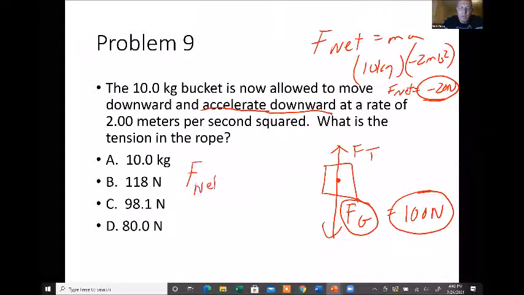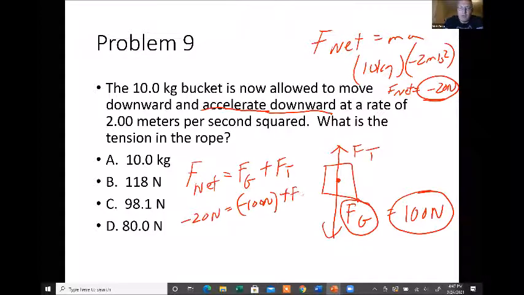We could say the net force is equal to the force of gravity plus the tension force. We know that the net force is negative 20. We know that the force of gravity is negative 100 because it's down. Those negatives are important.